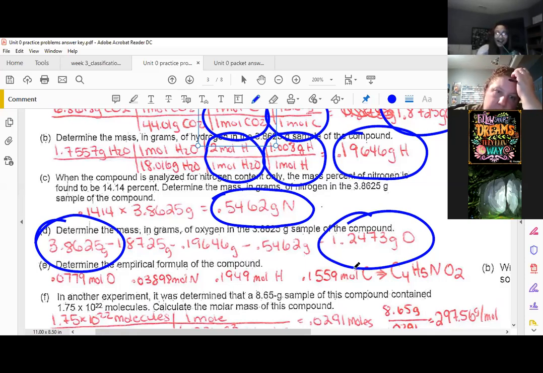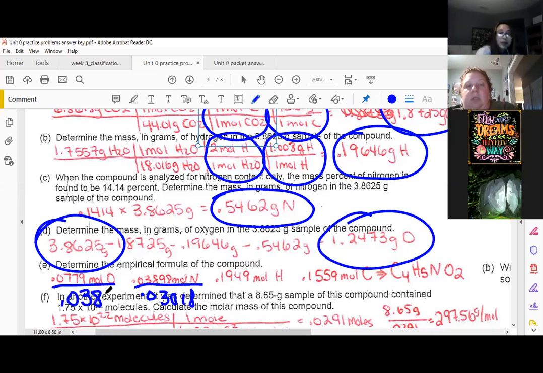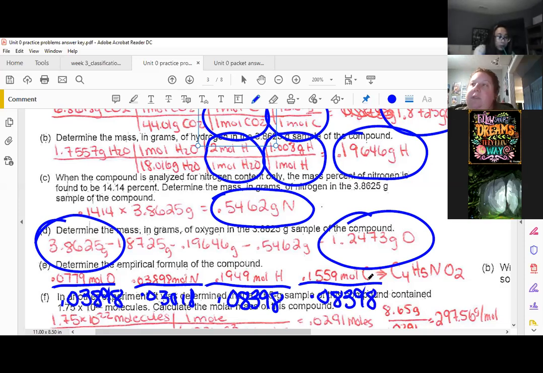I divide all of those by the smallest, which is the nitrogen. So I'm going to divide everything by 0.03898. Divided by the smallest gives me that whole number ratio.